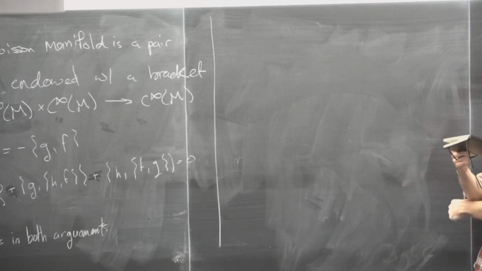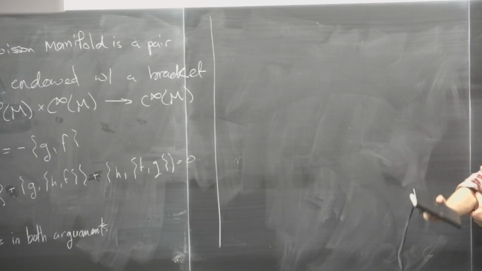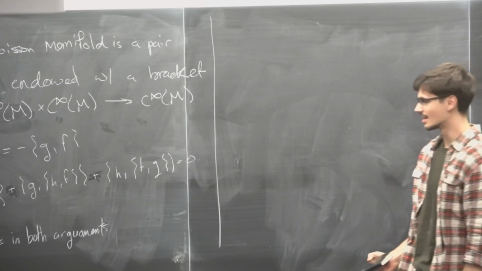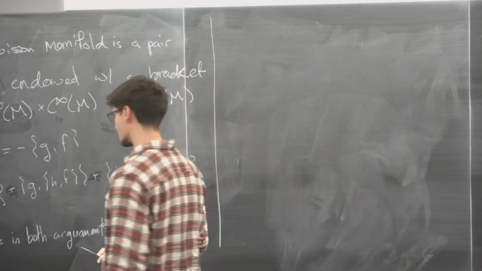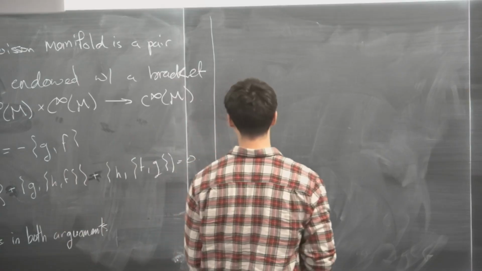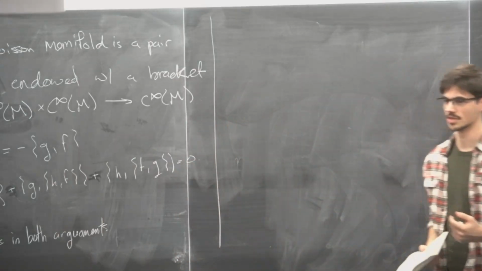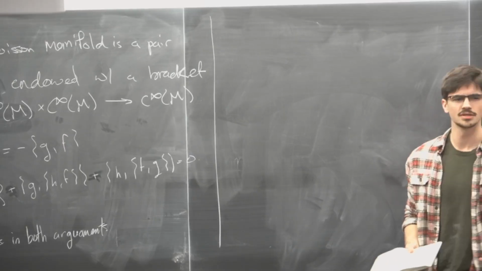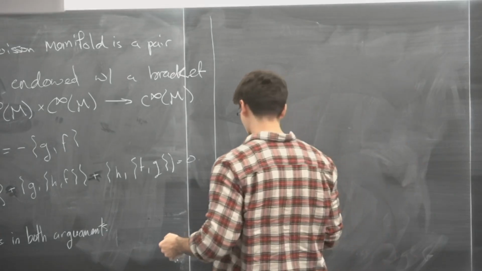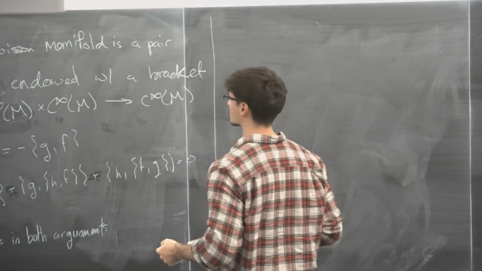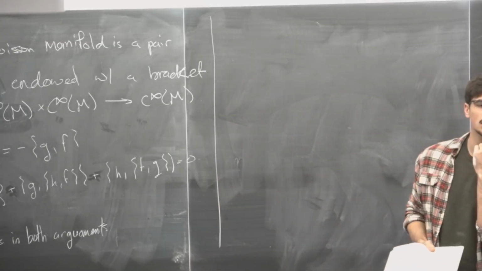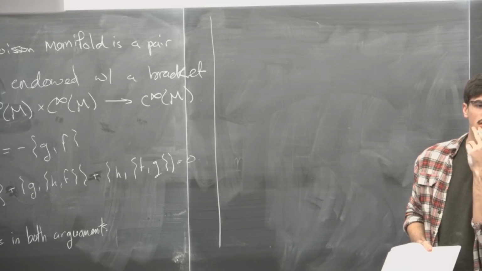Product rule. I know, that's what Leibniz is. It gives us a derivation. And we know that derivations define vector fields. The derivations are a basis for vector fields. Yes, isomorphic. The space of directions at every point is as significant as the space of derivations.